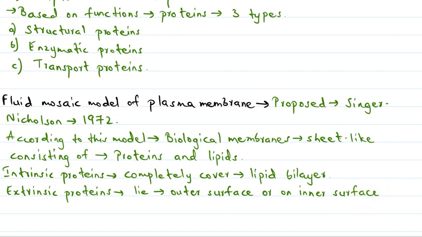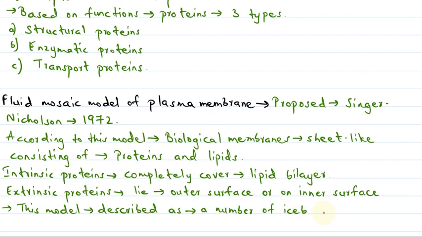Okay, so this model has been described as the fluid mosaic model. This model is described as what? It is described as a number of icebergs floating in the sea of lipids.